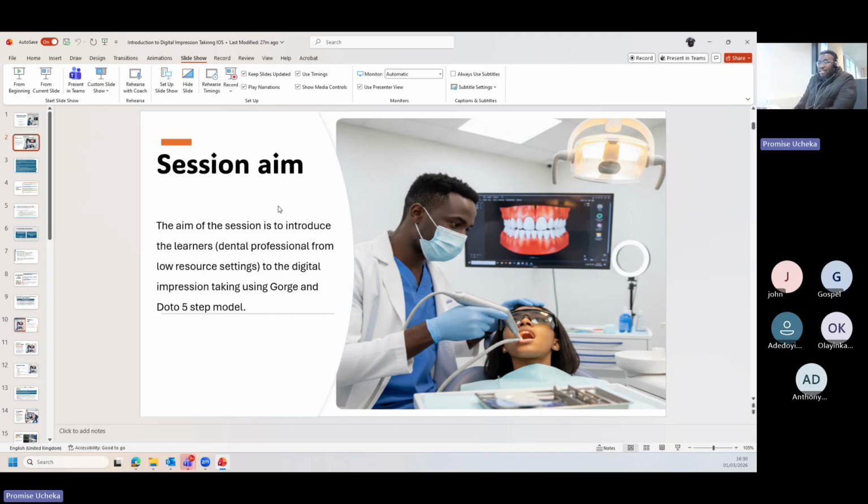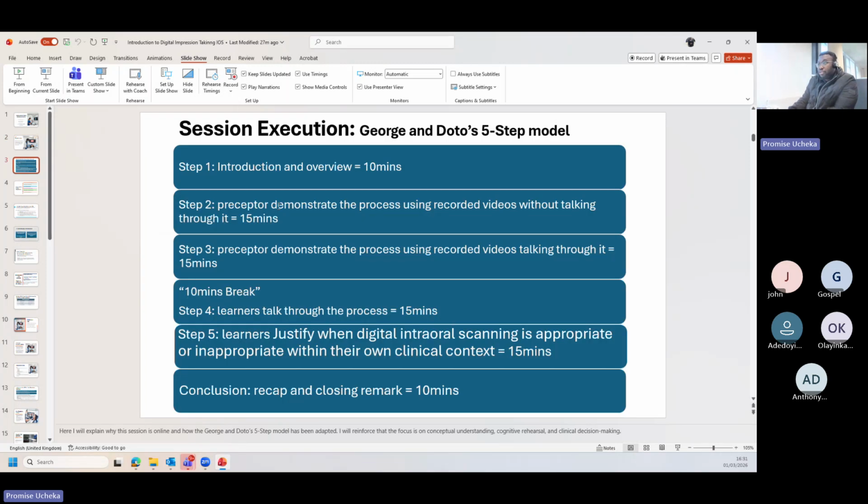The session is designed using a model we call the George and Doto 5-step model of teaching. I'll take you through what we will be covering today. The session has been split into 5 short sessions, not very long ones. First we have an introduction to digital impression taking, and then some demonstration.